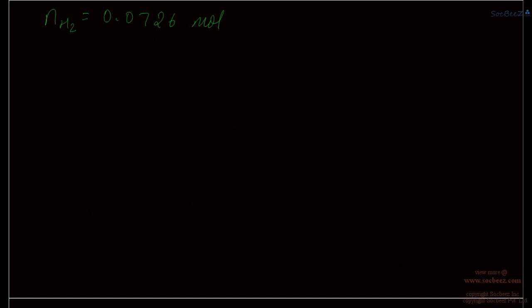Okay, now therefore mass of H2O equals 0.0726 into 18 equals 1.306 grams. Okay, so this is what we were supposed to calculate, that the mass of H2O that was present in the container.